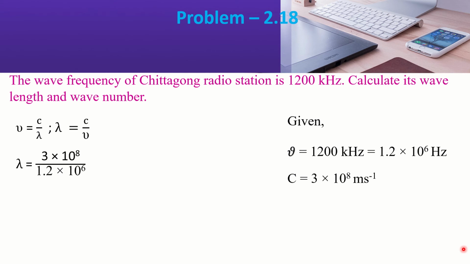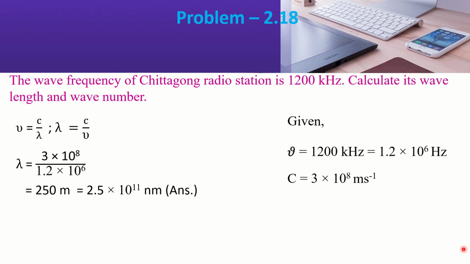So, by putting all these values, we get lambda equals 250 meter. 250 meter, you can keep it as the answer, and you can also convert the wavelength into nanometer by multiplying by 10^9. So after multiplying by 10^9, the answer comes 2.5 × 10^11 nanometer.